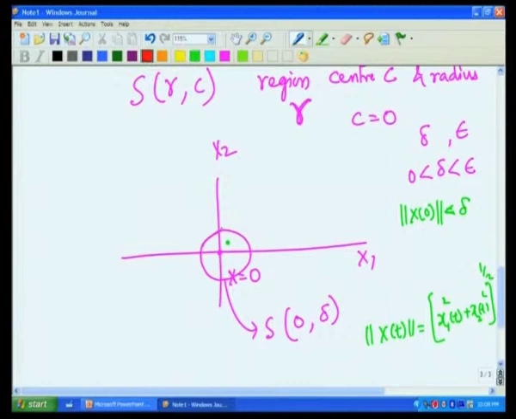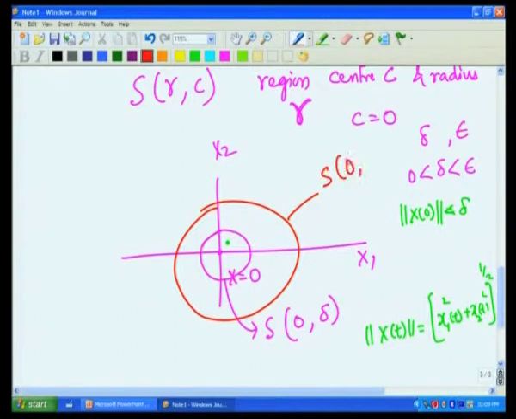So, let me say that this represents my S of 0 and epsilon.